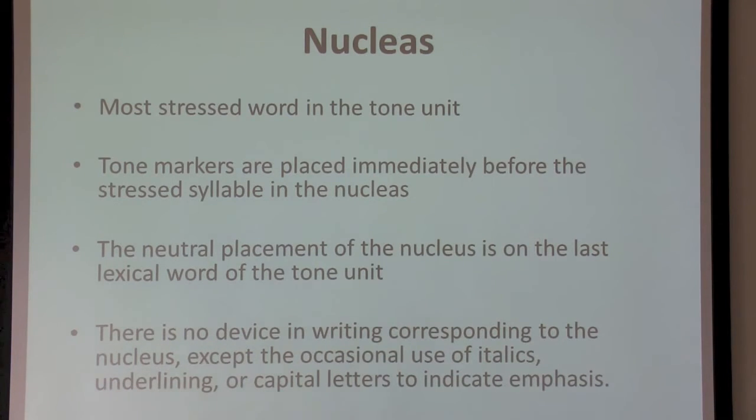When we're writing, it's difficult for us to show a nucleus, what's the most important word, although sometimes in writing we use italics or we underline or we use capital letters to indicate emphasis.